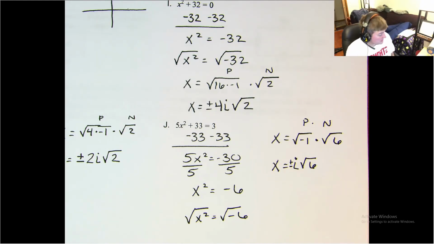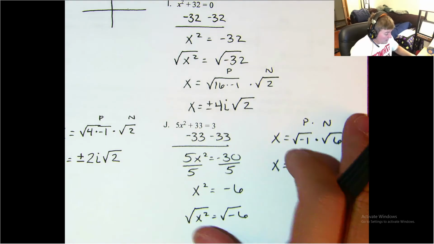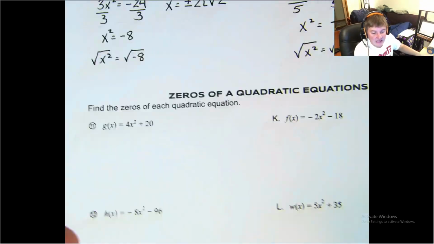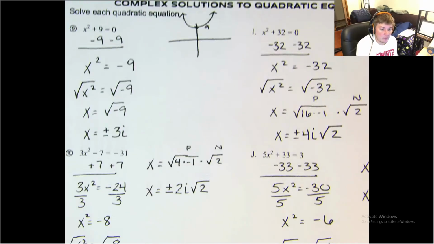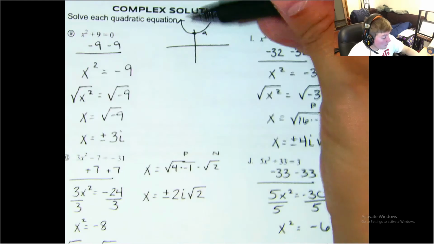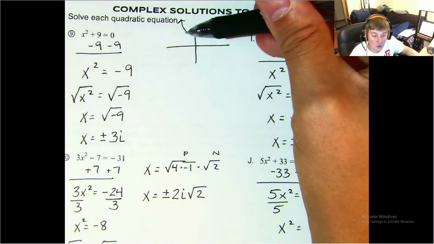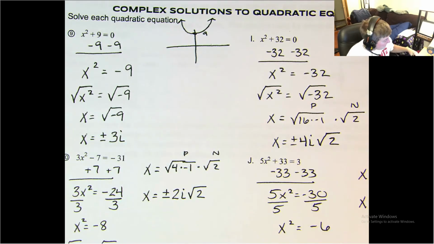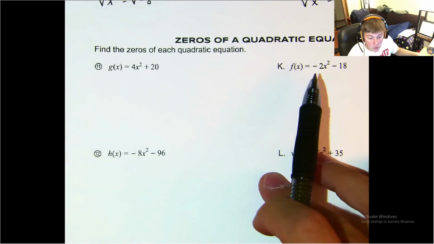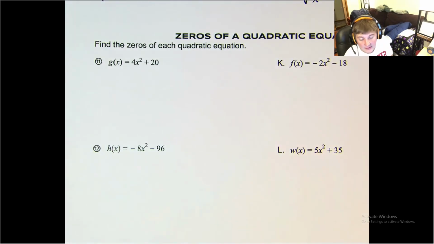So let's move on to 11 and 12, which the positive part about 11 and 12, folks, is that it's asking for zeros. So when it's asking for zeros, it's essentially asking for when does the graph cross the x-axis. When does it cross the x-axis? But a lot of times in problems that we've already seen, they don't cross the x-axis, but that does not mean that we cannot find solutions to it.